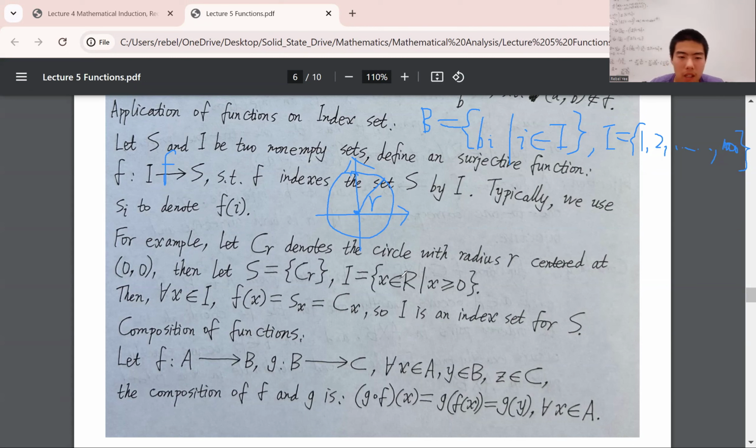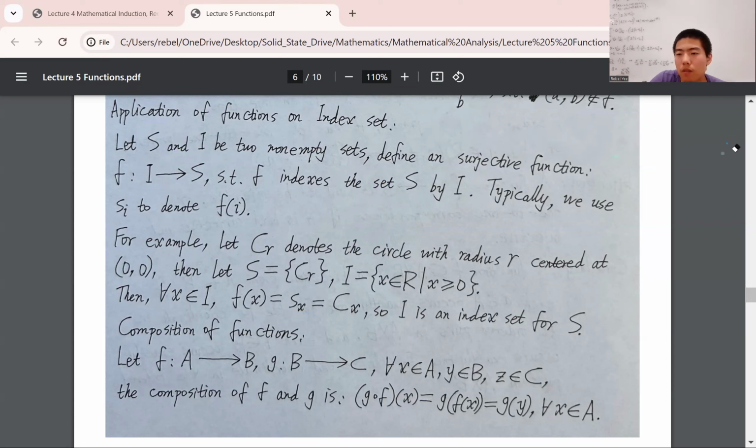So for all x in I, f(x), also denoted by S_x, is C_x. So the x we picked here is just the radius of the circle in the set S. So x is the index set for S. So this is the index set definition from a function's view.